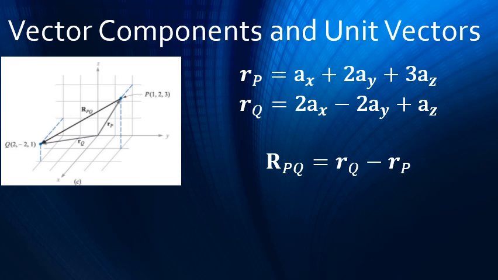So, in-apply lang natin dito yung triangle law or the parallelogram law pala. Sorry. Kapag nag-create tayo ng parallelogram, mapapansin natin, si RPQ will be the sum of RQ and RP. Or mali.